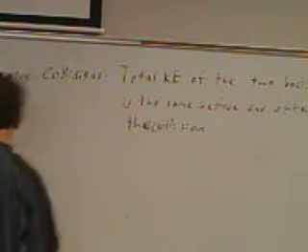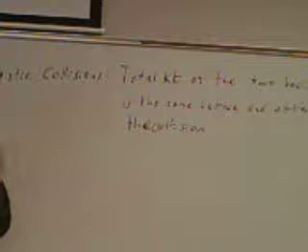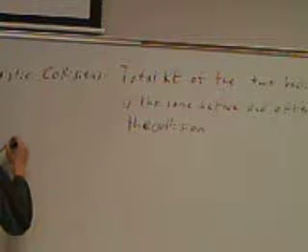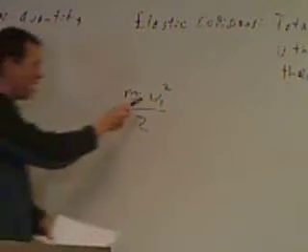And so, this was momentum right here. So I'm going to write a similar equation this time for kinetic energy. So I have my m1 u1 squared over 2. That's my formula for kinetic energy, 1/2 mv squared. Notice I don't have my little hat anymore.